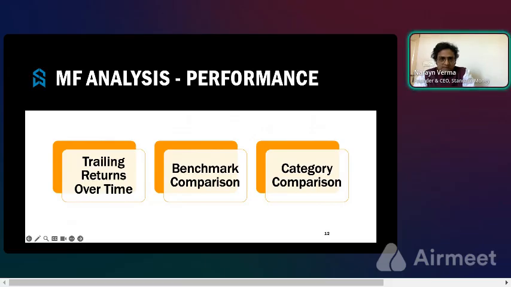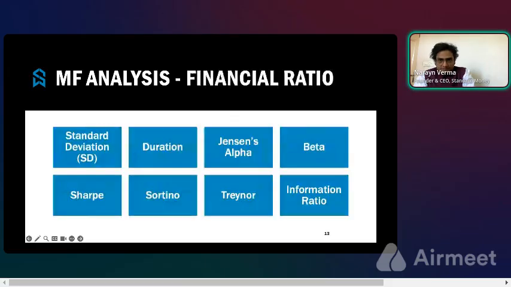For that, let's move on to the financial ratios. There are eight major and most popular ratios which every fund manager and every mutual fund advisor should be looking at while selecting mutual funds. Return alone is not enough to judge mutual fund performance.